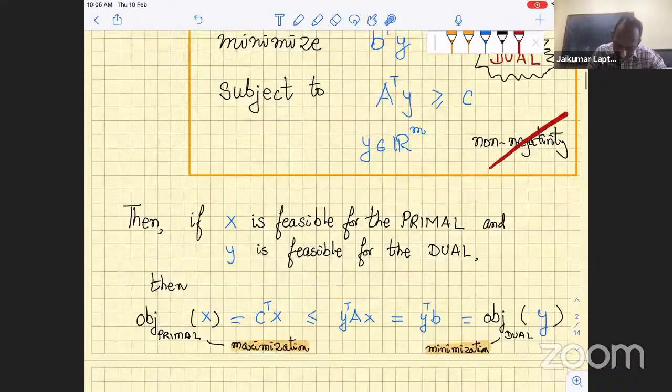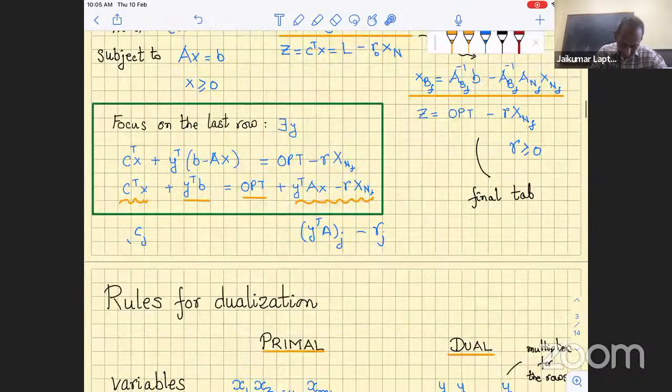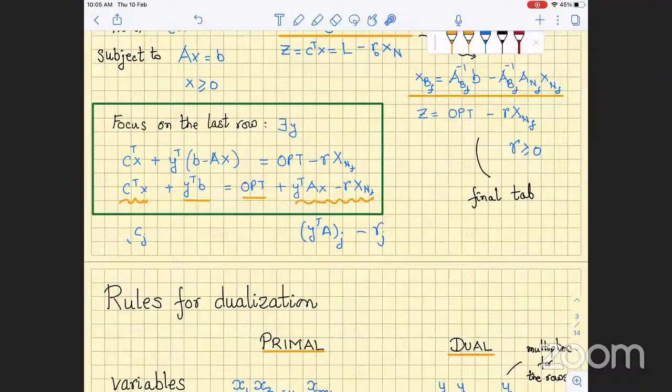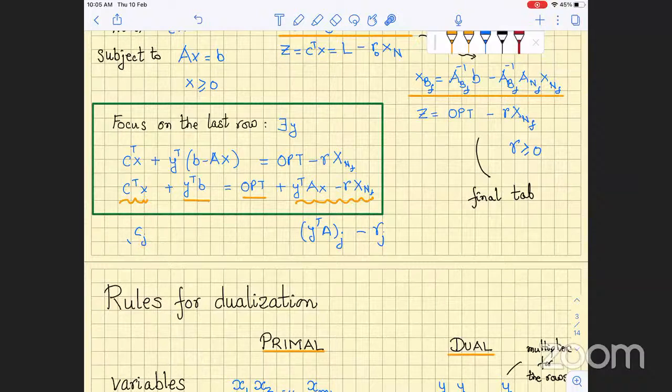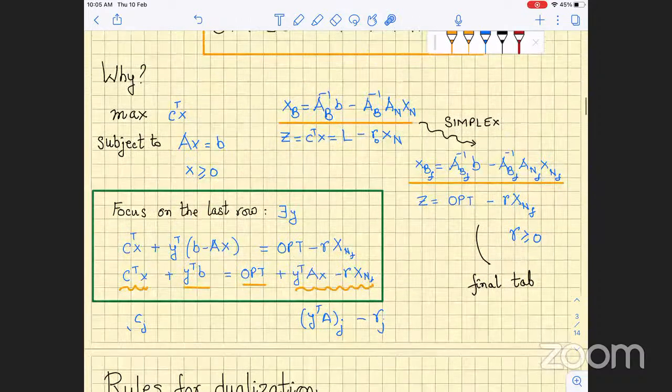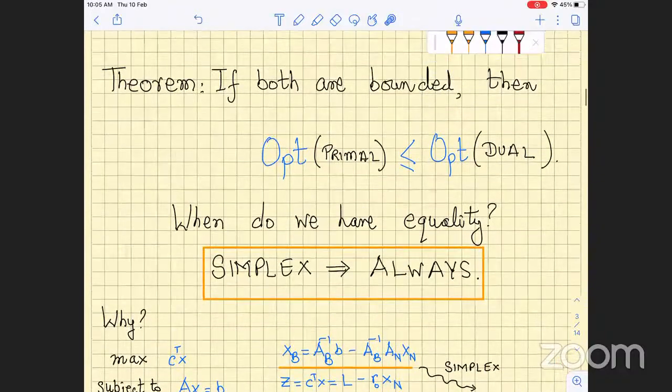If you look at the primal solution, for any J, either it's basic, in which case the corresponding constraint in the dual LP is tight because you have Cj equal to Y transpose Aj, or it's a non-basic variable, in which case its value is actually 0.